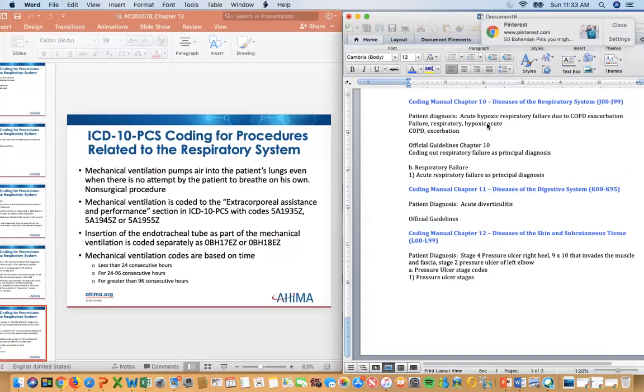So we are going to stay within the obstructive pulmonary and its airway. It is chronic. And so we are looking at a diagnosis for obstructive pulmonary disease with acute exacerbation.